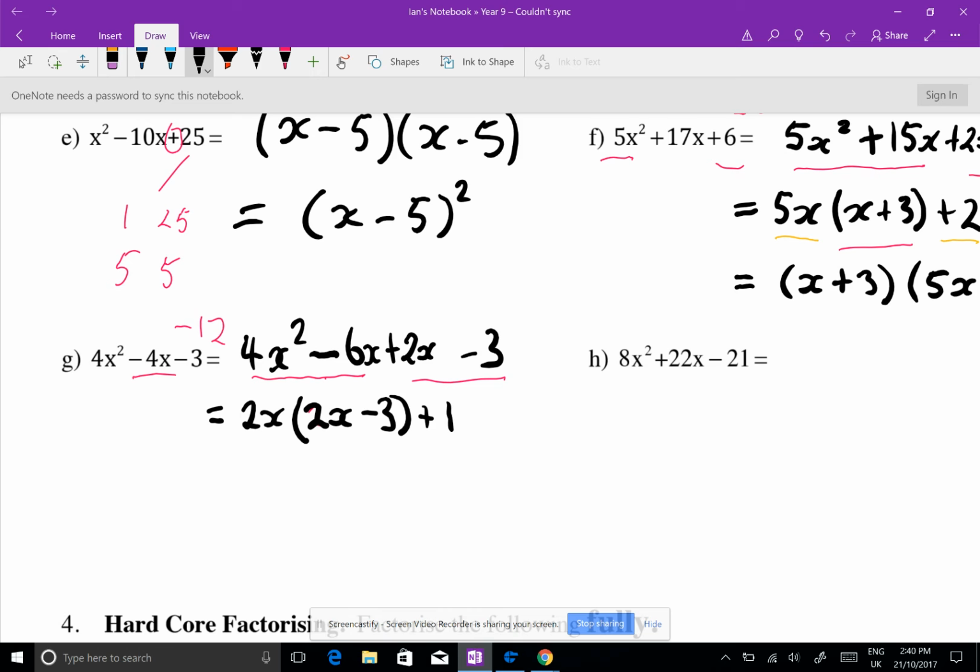I'll take 1 out of the next 2 terms, which leaves me with 2x minus 3. That makes it easier for me to see the common factors. And the common factor again is 2x minus 3. And what am I left with? I'll put the 2x minus 3 there, and I'm left with a 2x plus 1.